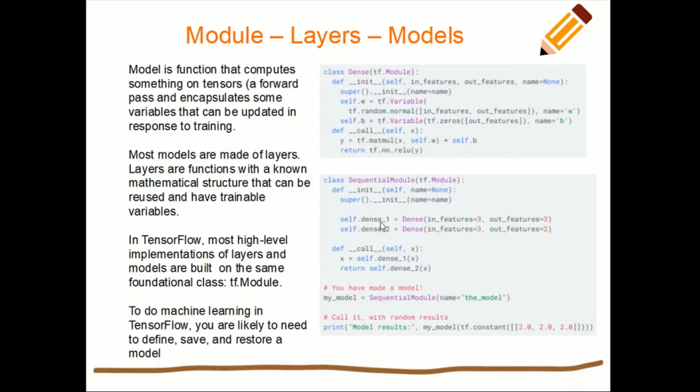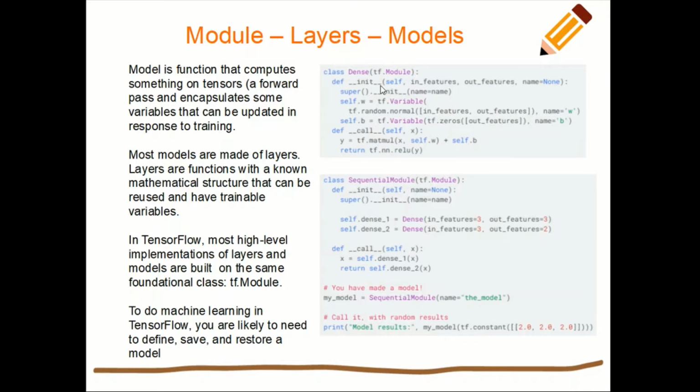So in this particular case, we created a dense layer to represent a particular calculation here, and then we are instantiating it again and again, right? So we are reusing this layer to create a computation.